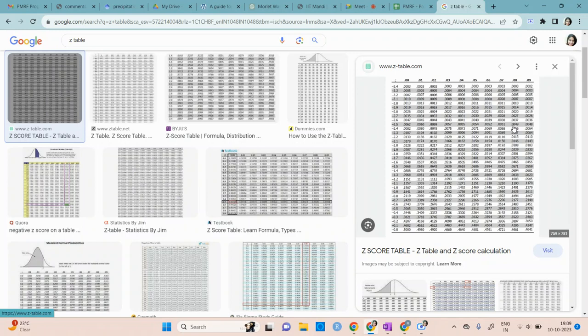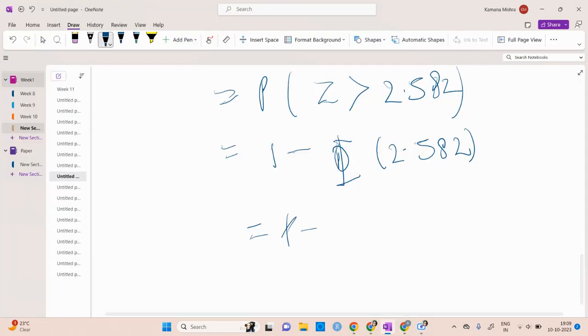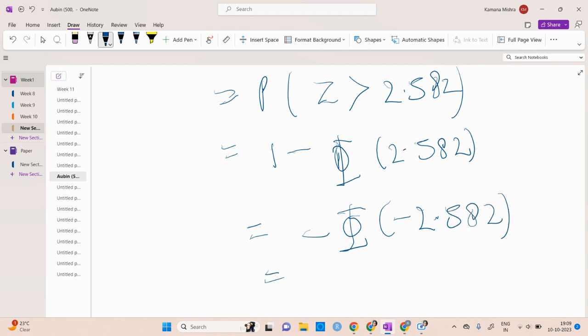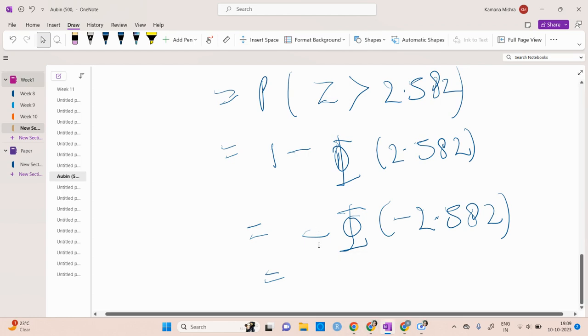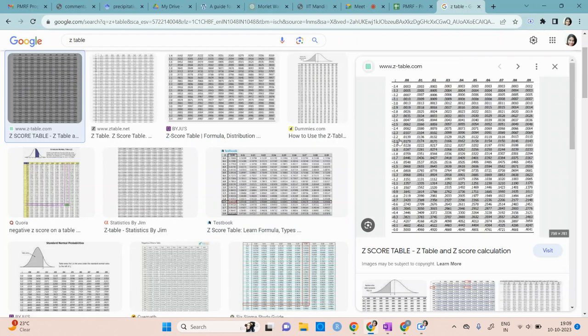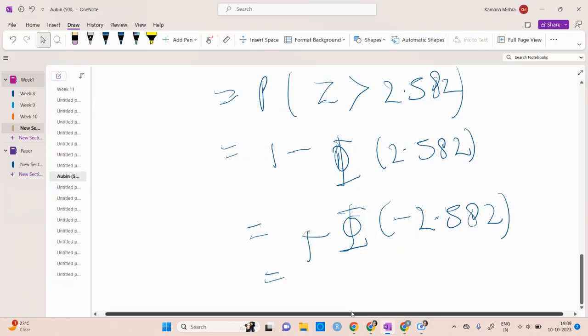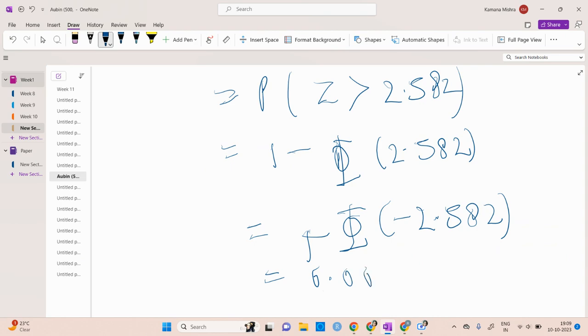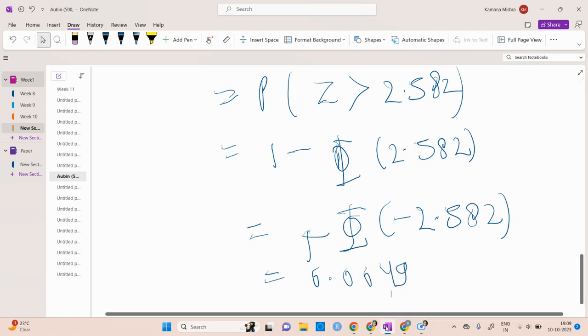Okay, so either we can do it this way, or we can simply write this as phi of minus 2.582. And then we have the negative table here, so we can take minus 2.58, which is 0.0049. So this is 0.0049. Do we have any question?